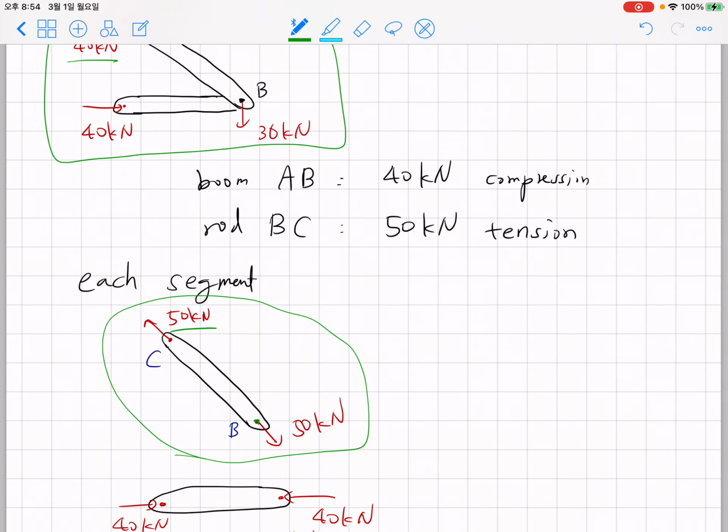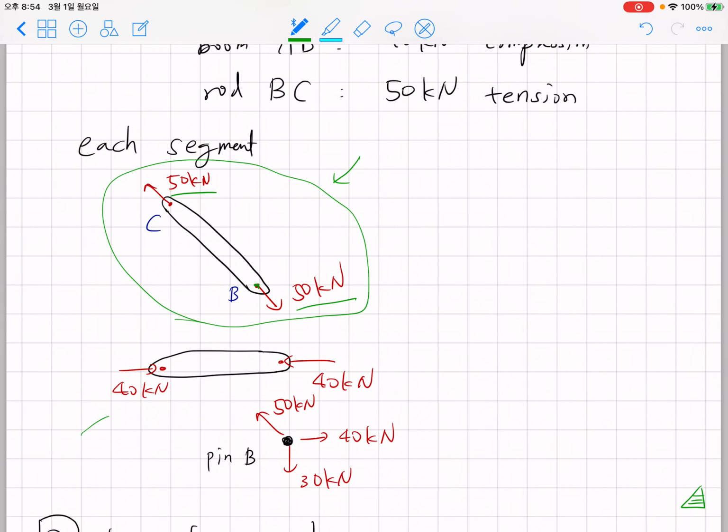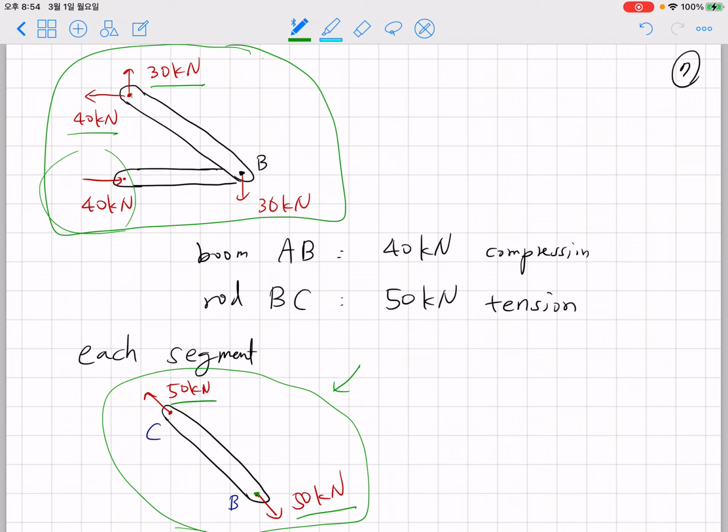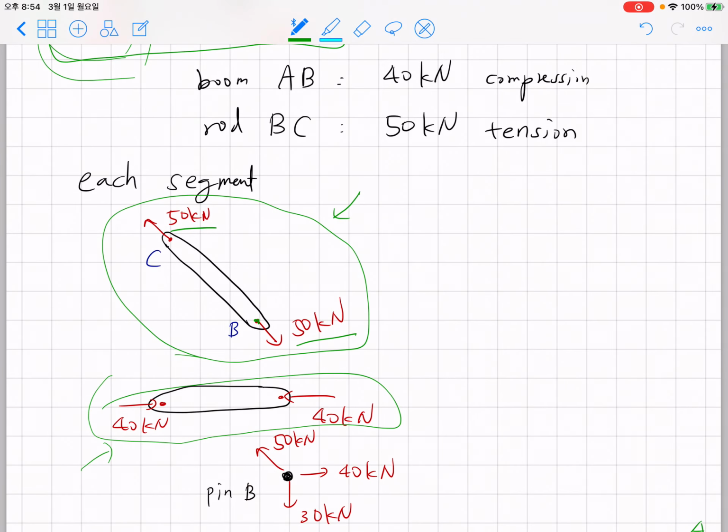So due to pin B, rod BC must get 50 kilonewton in the opposite direction to make mechanical equilibrium. This is the force diagram for rod BC. The boom AB should satisfy 40 kilonewton compression because you only have force from the left side, and the force at the right-hand side, point B, must be 40 kilonewton in the opposite direction. So boom AB is under compression.